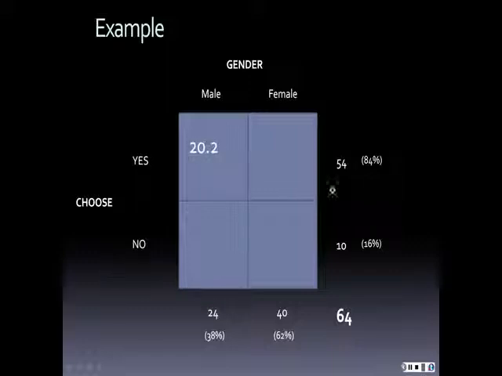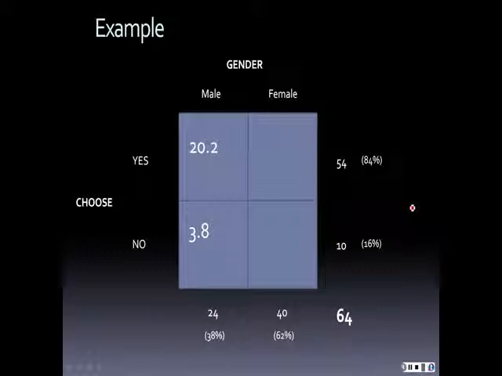If you do the math on that, just 0.84 times 24, you get 20.2. Now obviously we don't have fractions of people, so you could round these numbers. But in proportional terms, that's what would be expected. And then you would expect the balance of our men to say no. 16% or 0.16 times 24 would give you 3.8.